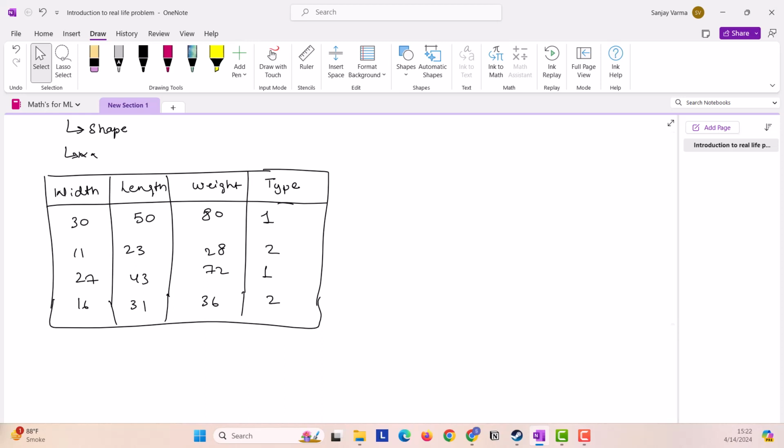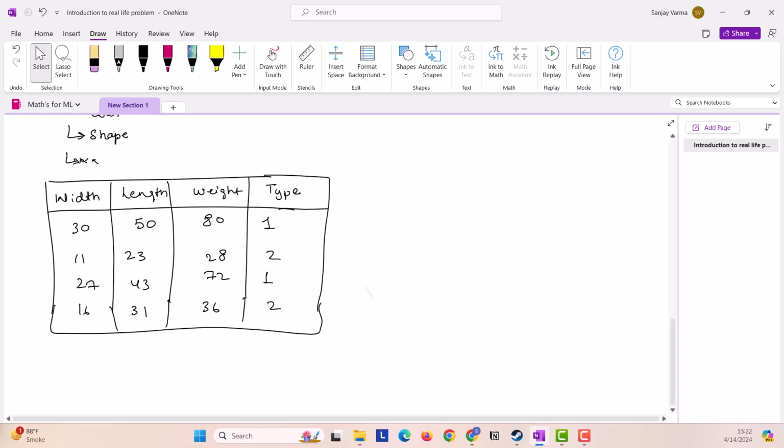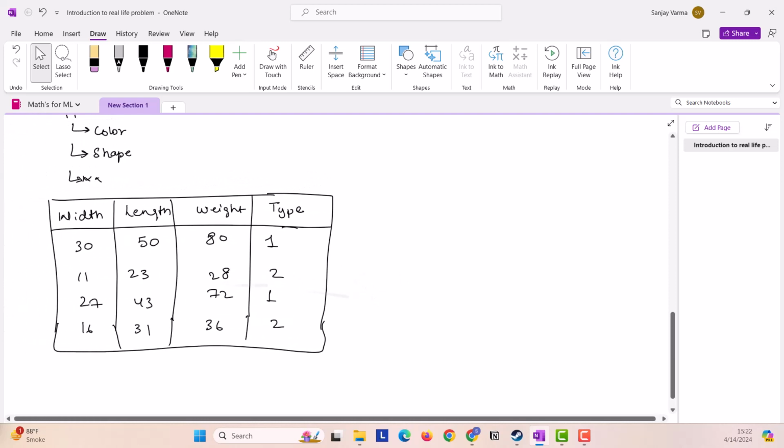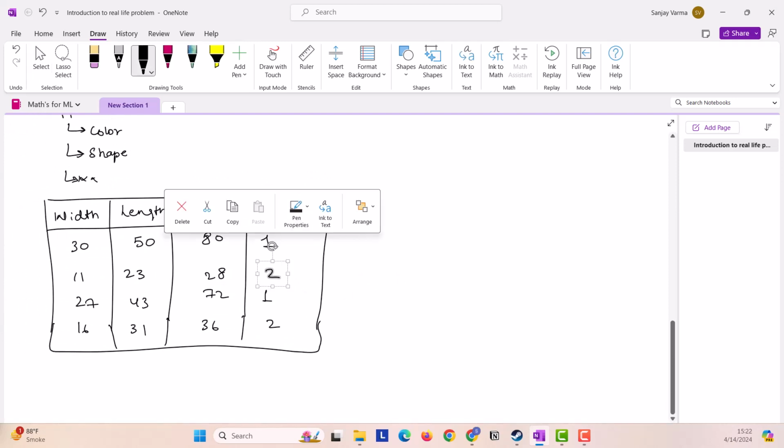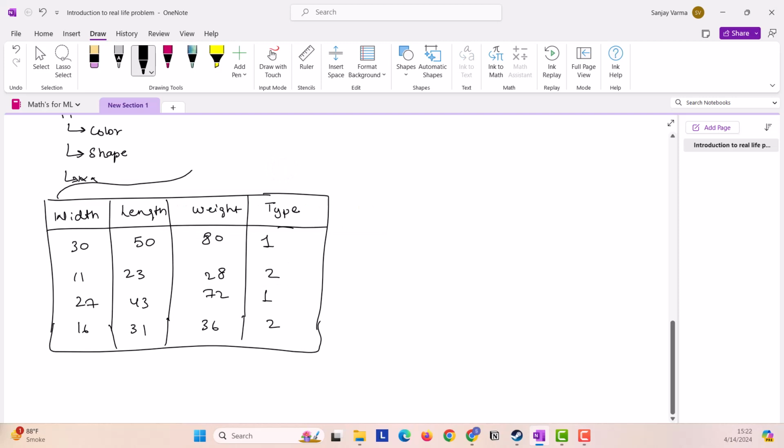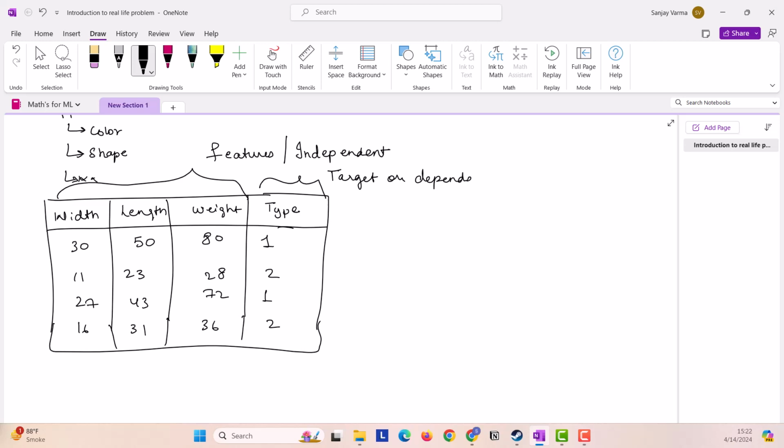Before going there, let's define some terminologies. So all these columns from width to weight are called features or independent variables. And this one is called a target variable or dependent variable.